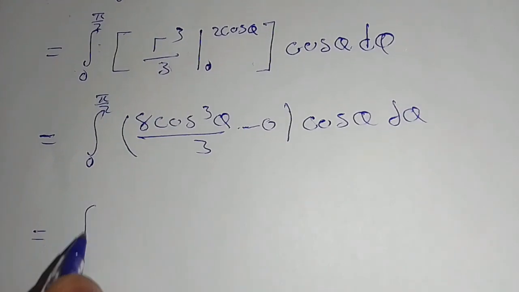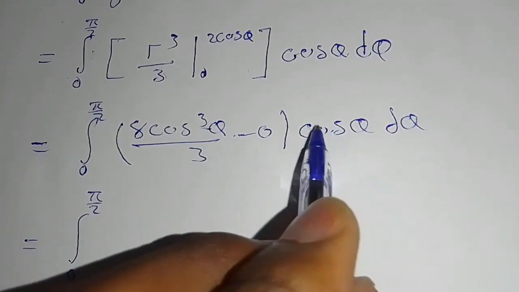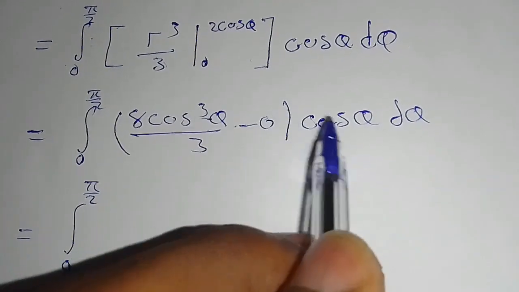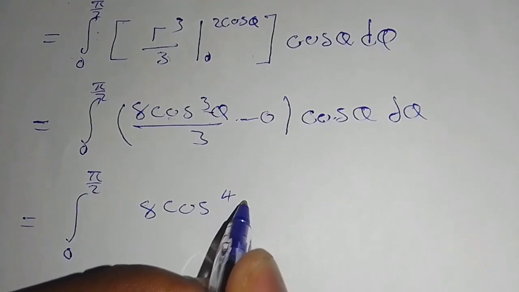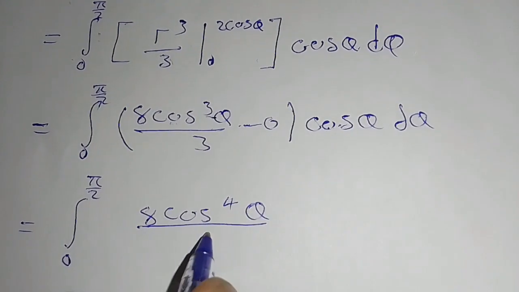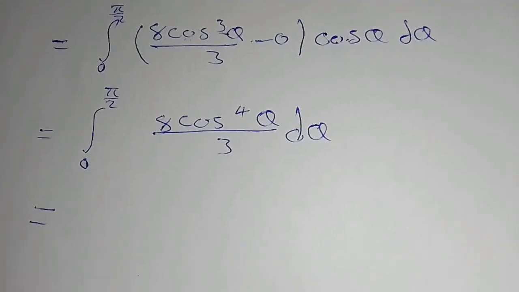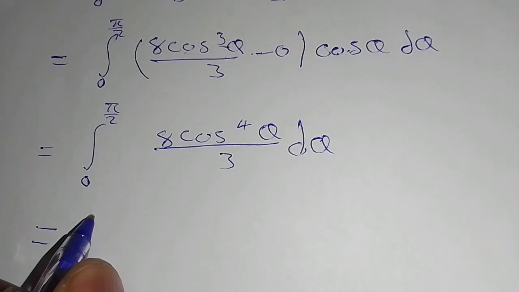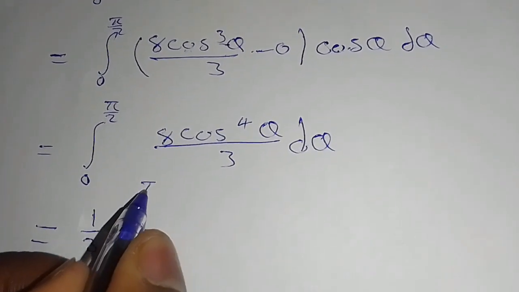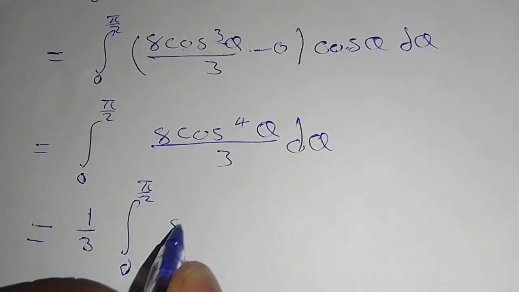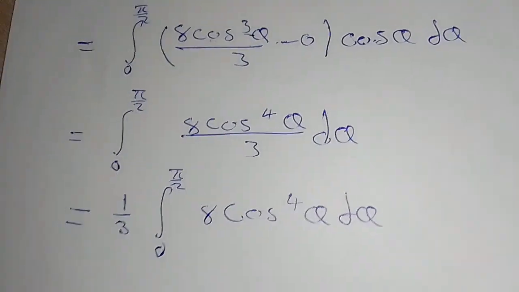Then you're just going to have the integral from 0 to pi over 2 of, notice that if you multiply this one with cos theta, you end up with 8 cos to the 4th of theta over 3, d theta. The wise thing to do is just take the constant outside. I'm just going to take one third outside. Now the integral from 0 to pi over 2 of 8 cos to the 4th of theta, d theta.